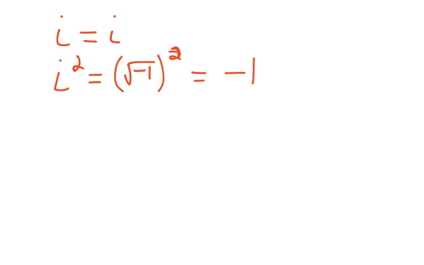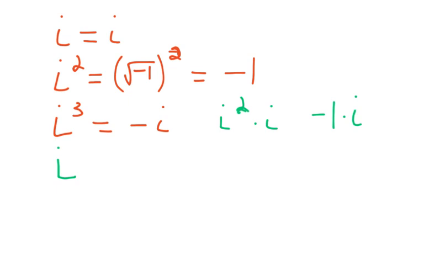So i squared is equal to -1. i cubed is equal to -i. And how is that possible? Well, i cubed is equivalent to i squared times i. Well, i squared, we just said, was -1, so -1 times i, which is -i.